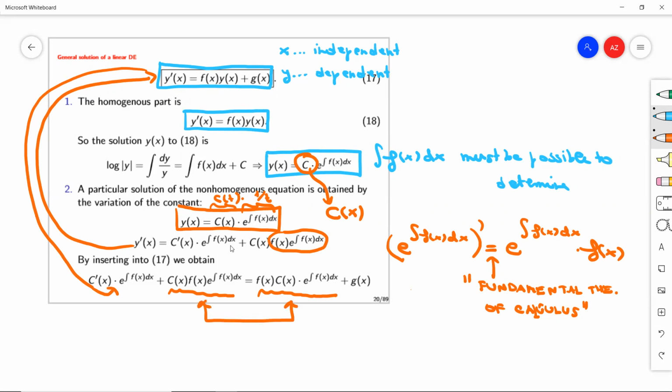So the linear part, this means f of x times y of x. And so they just cancel out. And what remains is this derivative, which consists of the derivative of c and the non-homogeneous part of our differential equation.